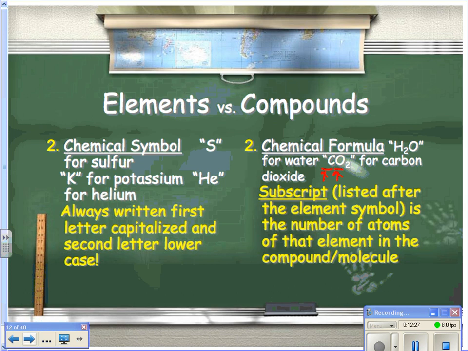If you saw it written with a capital C and a lowercase o, subscript 2, well, this is the chemical symbol for cobalt. So you just told me that you have 2 atoms of cobalt bonded together. Well, that's definitely not carbon dioxide.